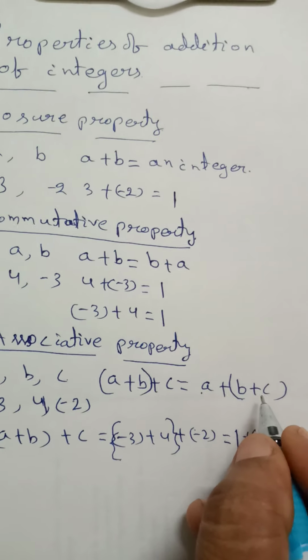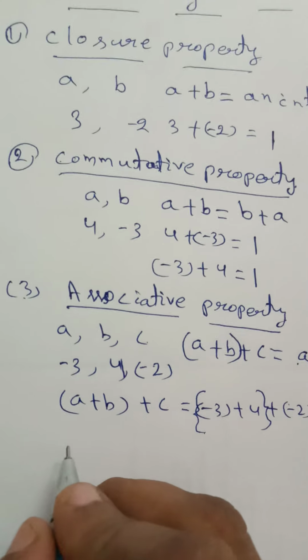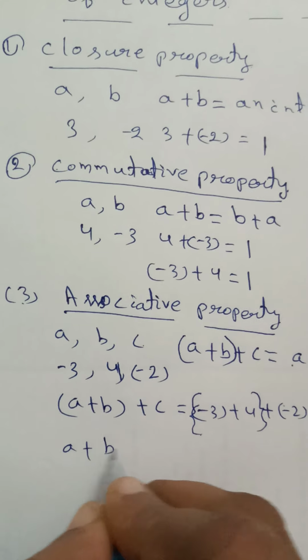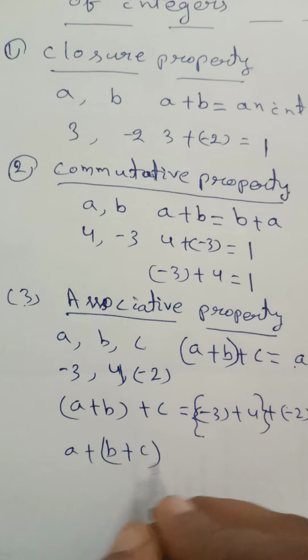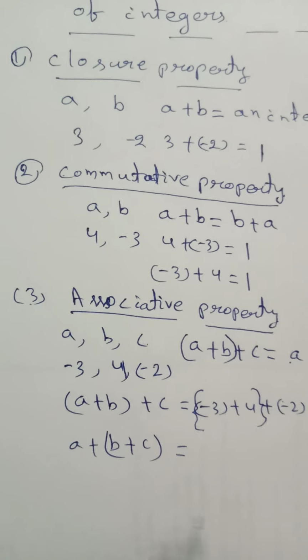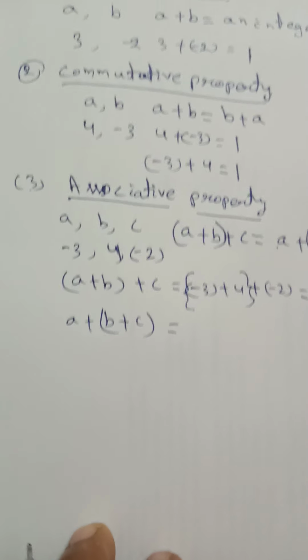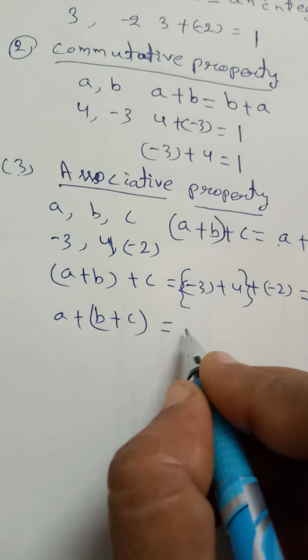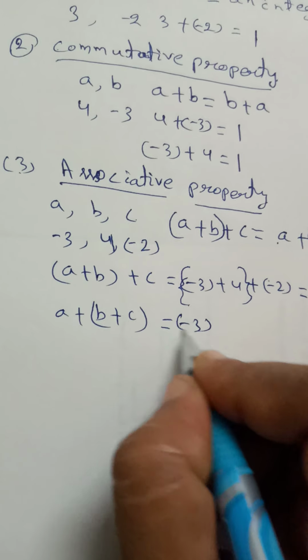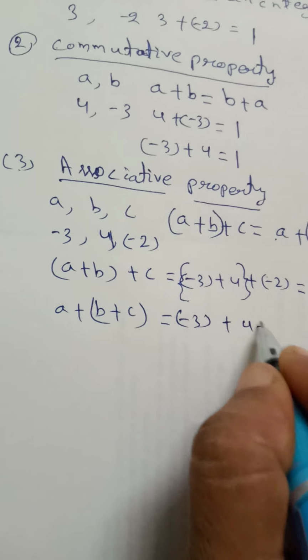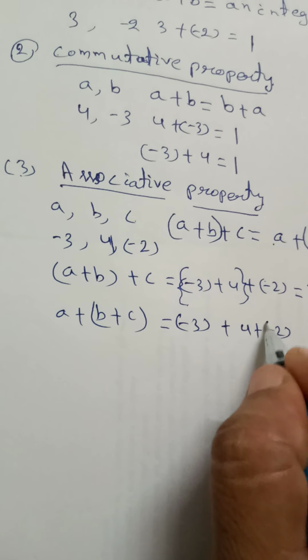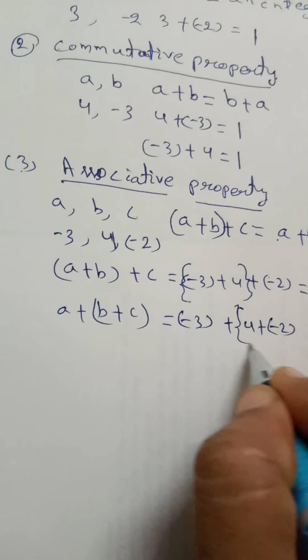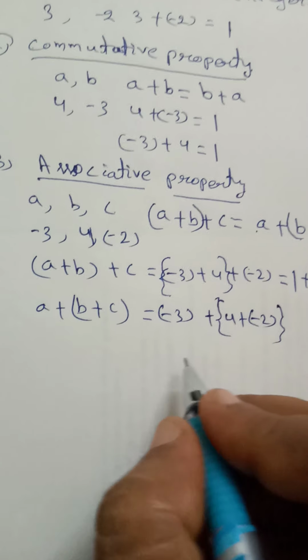Now we will add in the right side order: a plus b plus c. So first write a, minus 3, plus 4 plus minus 2, but the order will be like this.